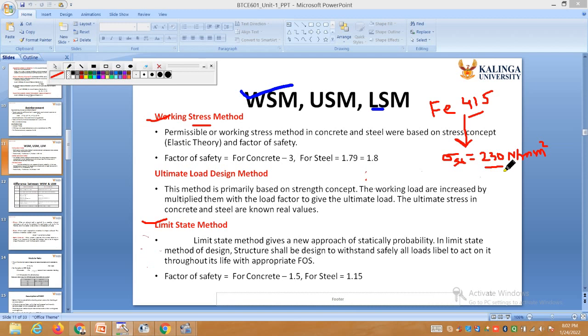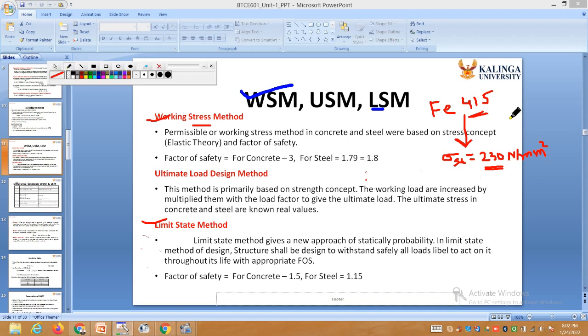In the next class we shall discuss Indian Standard Code of Practice 456 also. So it is recommended by the Indian Standard Code of Practice, and the designer has taken 230 Newton per mm square, that is 230 megapascal. So the actual yield strength is 415, but in calculations the designer is considering 230, which means he has assumed a factor of safety.